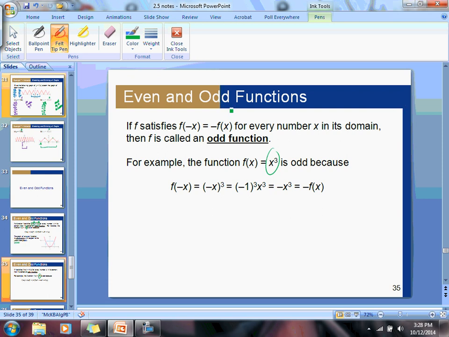So if I plugged in a -1 to x to the third, like they have here, if I plugged in a -1 and then I cubed it, negative times negative is a positive, times a negative gets me a -1. So when I put in -1 to the function, I get a -1 out. Okay, so that's the rule that odd functions are following.